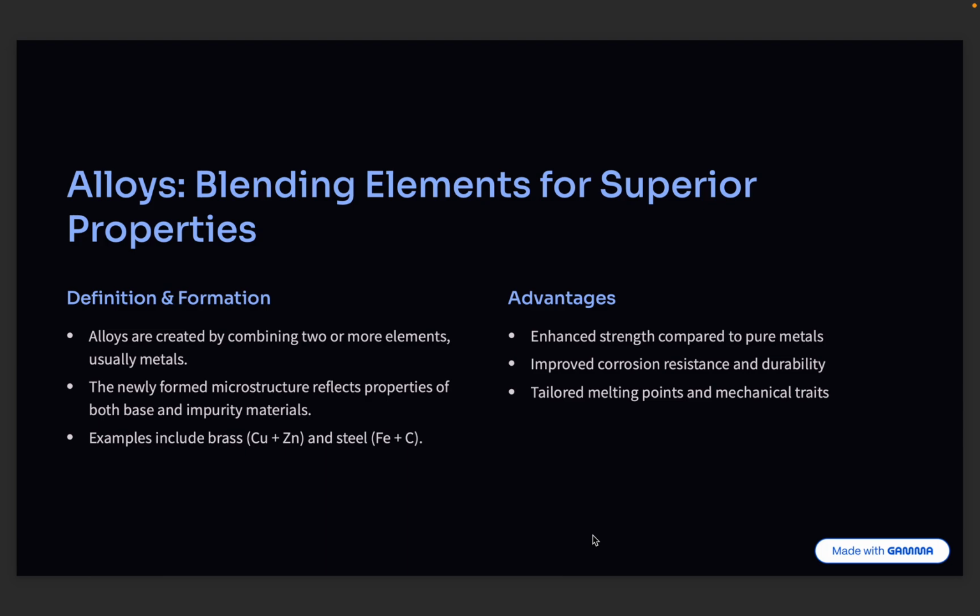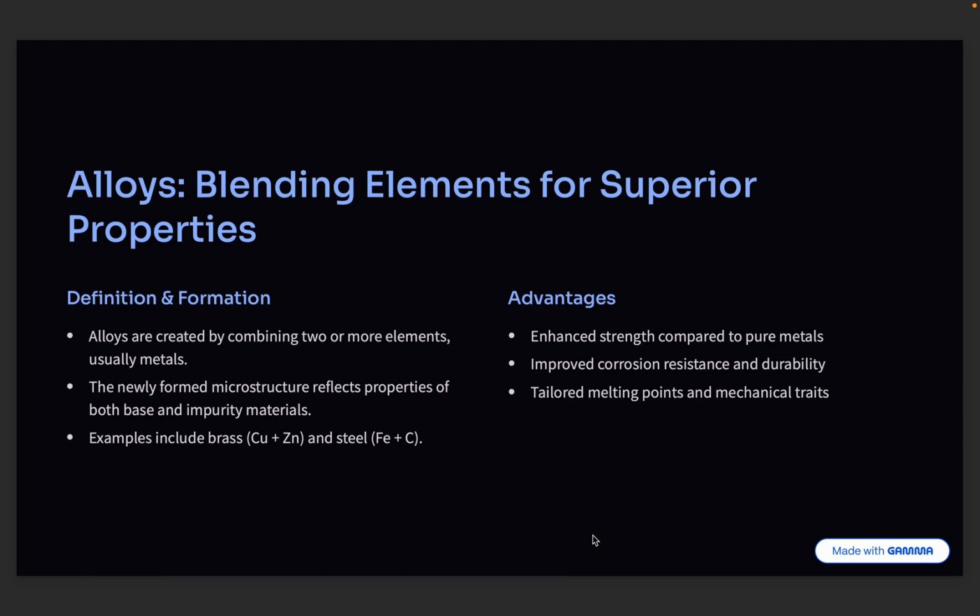If we talk about examples, it includes brass, copper plus zinc, and steel, iron plus carbon. We mainly see that it reflects both carbon's and iron's properties.